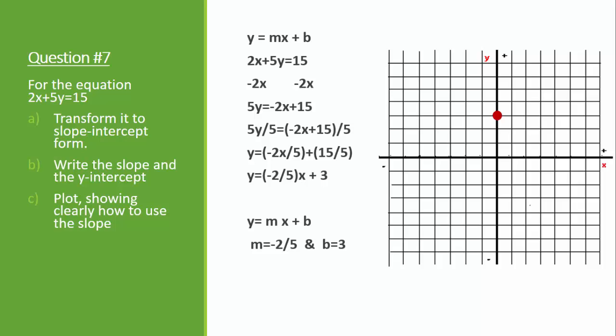All right, so we have b is equal to 3. And the second thing we know is that the slope is -2/5. What is that telling me? As I leave this point, I am going to rise -2. Rising -2 is the same as falling 2. So my next point is going to be 2 grid lines below my point.